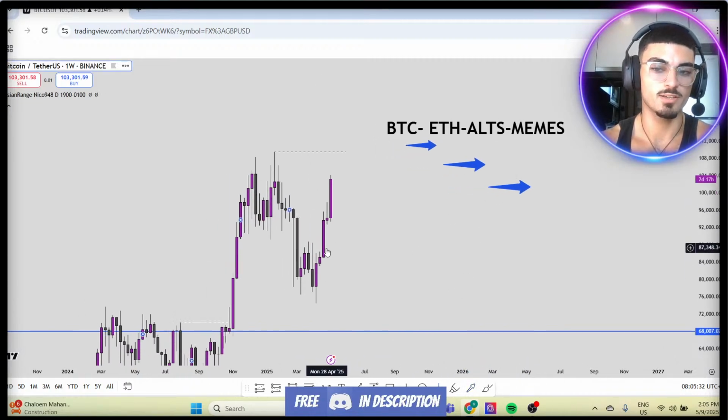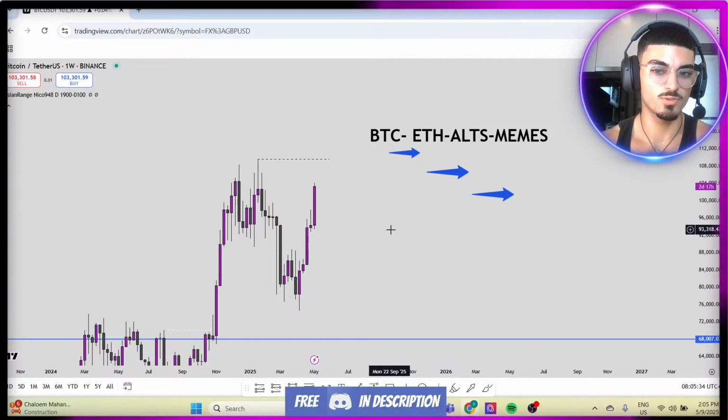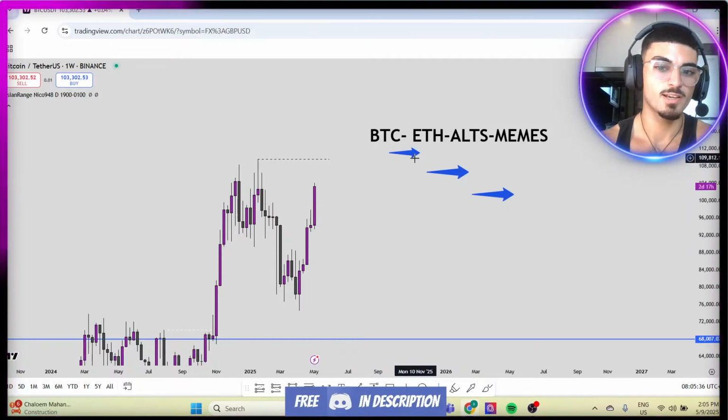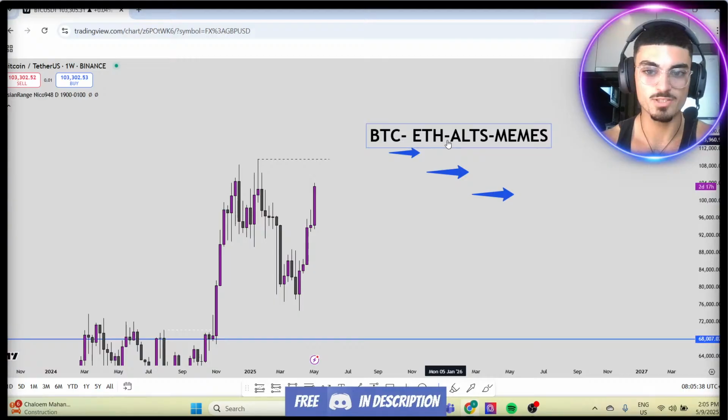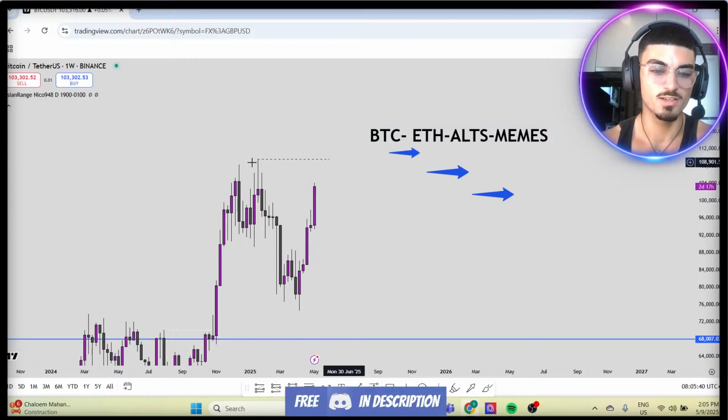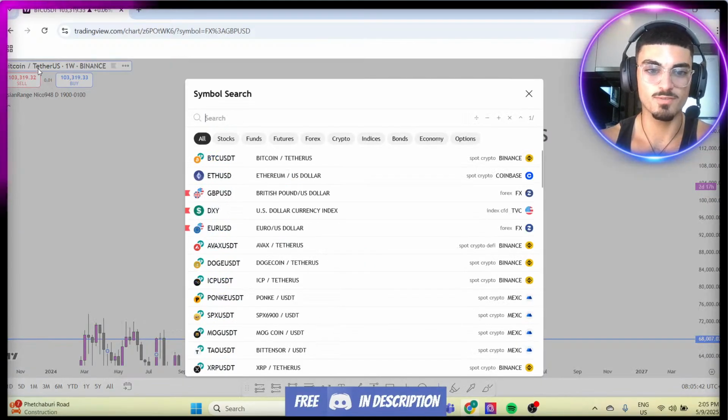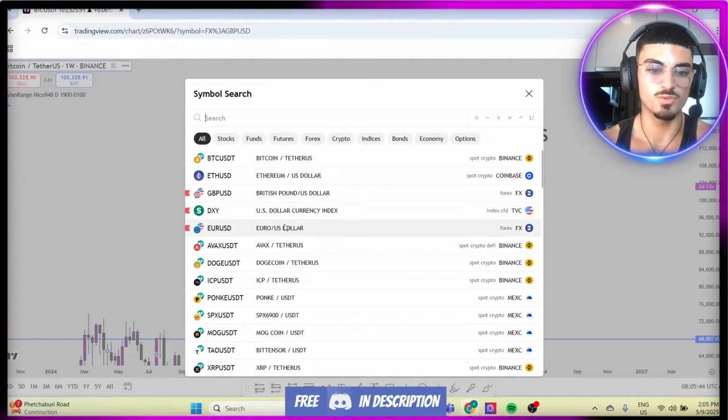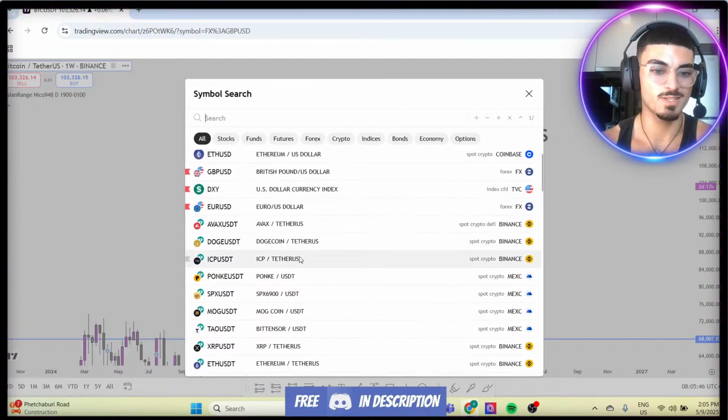Ask yourself: if Bitcoin's going, and we know the money will go into Ethereum and altcoins next, it's a very logical move to start slowly positioning yourself into some altcoins, okay?